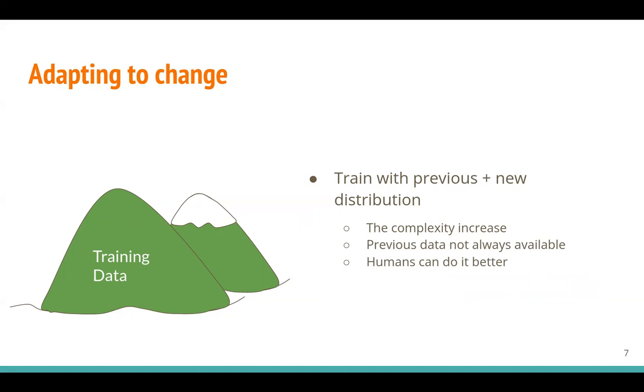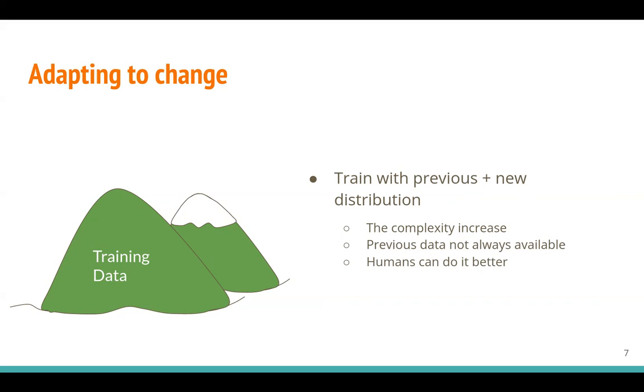So the problem is that each time we face a change in the distributions, we need to retrain the model with all the data, not all the data from the past, but adding new information as well. So the complexity increased. So this is kind of a big problem. Another possible problem is the availability of the data.